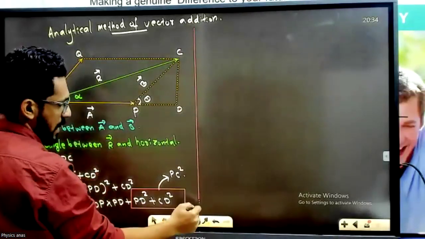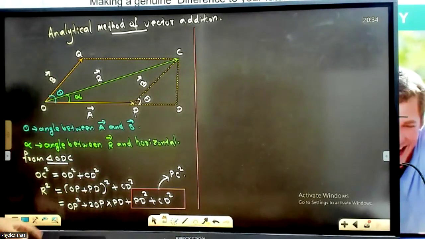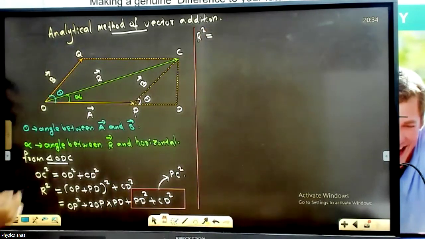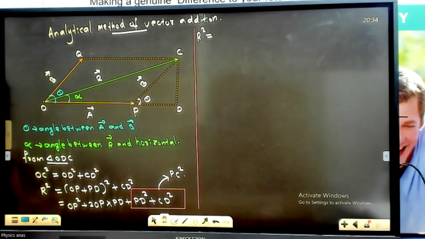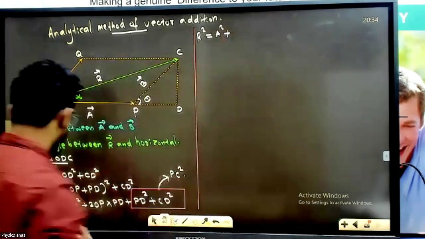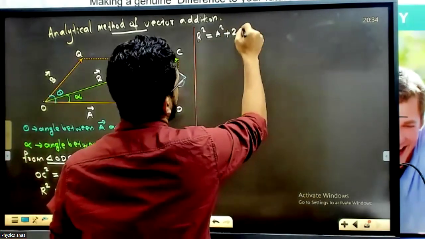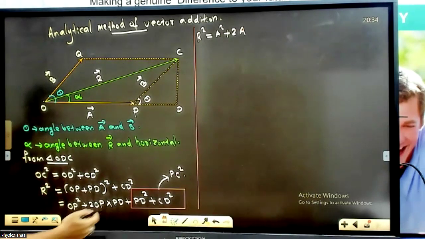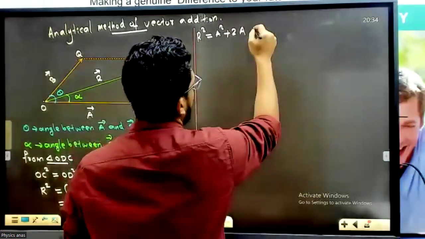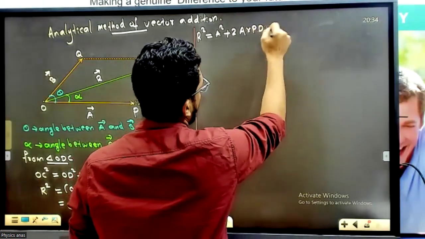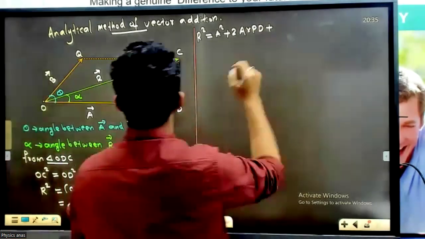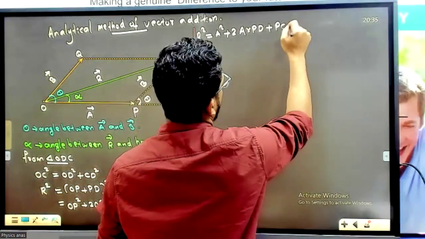That's PC square. Now I have an equation. What is this? R square. So R square is equal to, what is this OP? OP is A. So A square plus 2 into A into PD plus PC square.